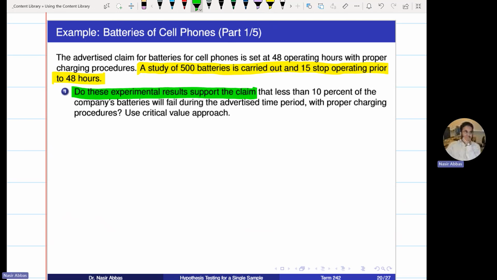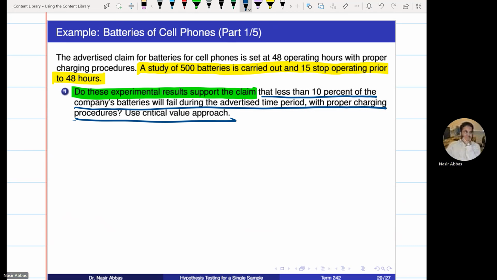What is the claim? Now I will highlight the claim that the percentage of the batteries that fail before 48 hours is less than what percent? 10%. So I will just read the statement and write the statement in terms of P or mu.